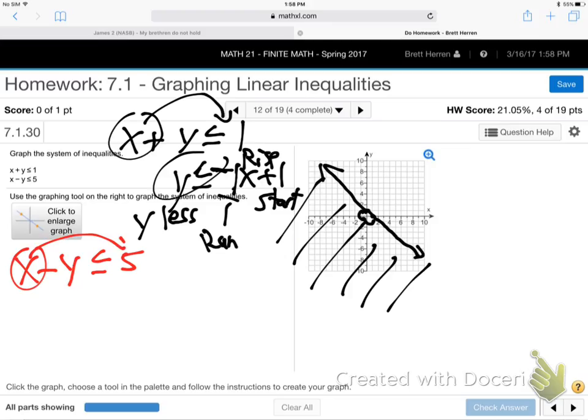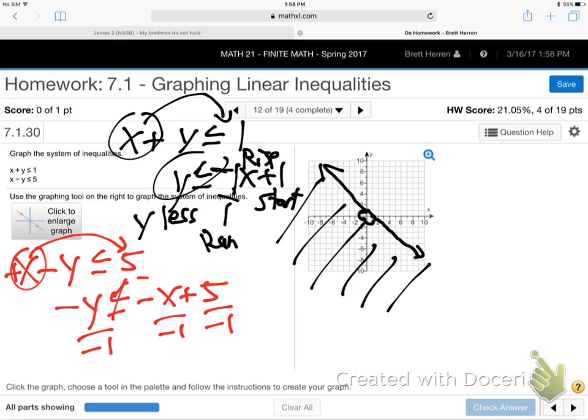So first off, grab that x. That'll be negative, and jump it to the other side. It becomes a negative x, right? Whenever something jumps to the other side, it changes the sign in front. There was nothing in front. It was plus, and now it's negative. And then, divide by the negative 1, because you got to get the y alone. You can't have anything in front of that y. So you got to divide by the negative 1, and that flips the symbol. Exactly. Good memory.